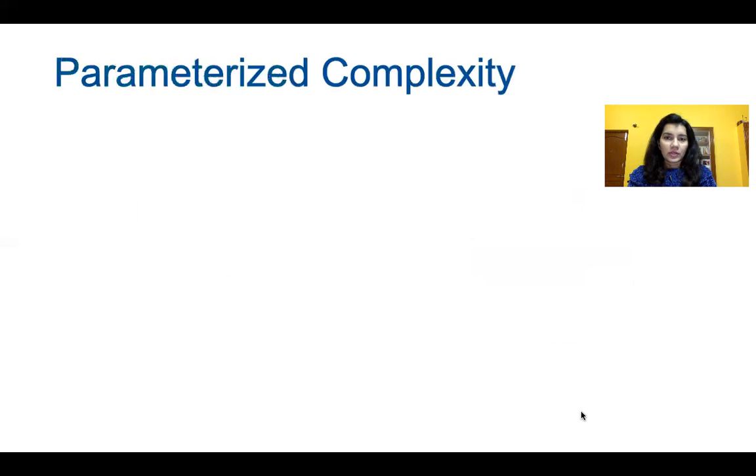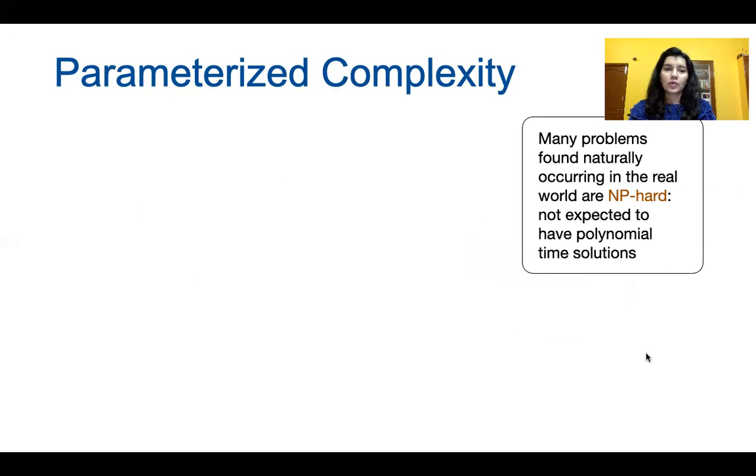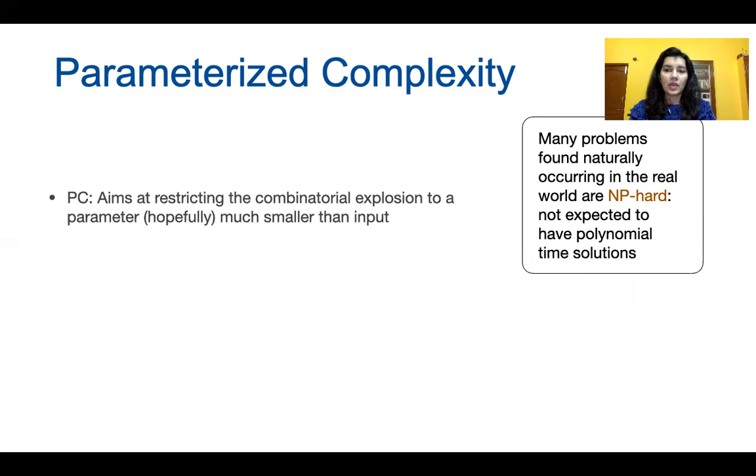We talk about parameterized complexity now. Many problems that naturally occur in the real world are NP-hard. That is, we do not expect them to have polynomial time solutions. For such problems, we have multiple approaches to tackle them, one of which is parameterized complexity, where we aim to restrict the combinatorial explosion to some parameter which is hopefully much smaller than the input size.